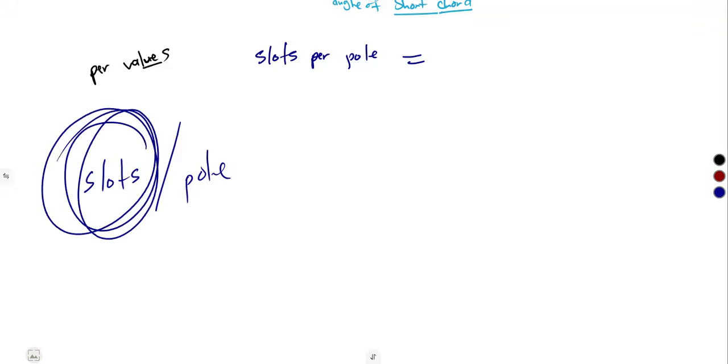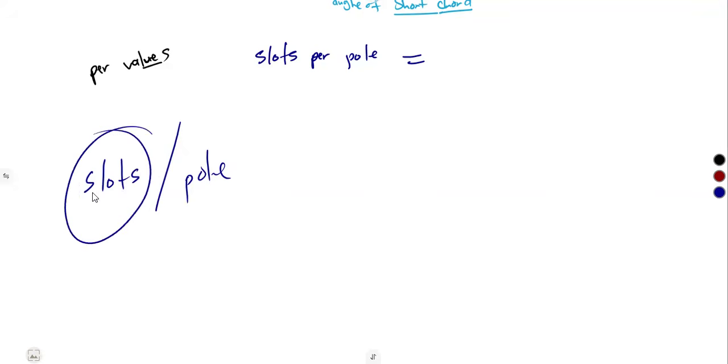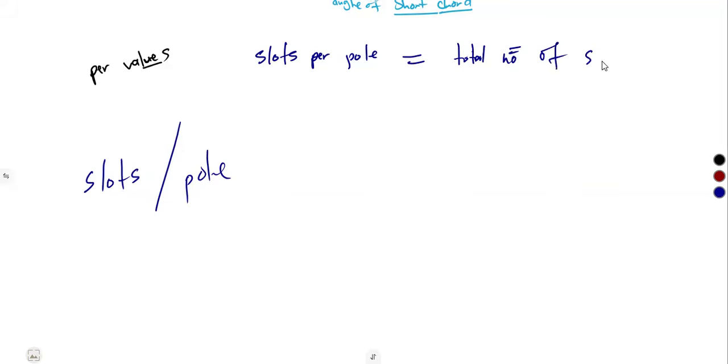You have to use the total of what you are given, which is per, you are dividing with. So it's simply total number, I'm just going to write in short, guys, because of time. Total number of slots over the pole, which is the total number of poles.